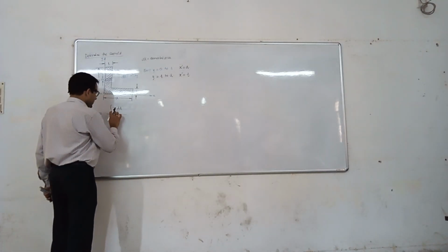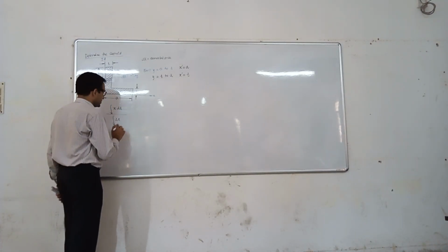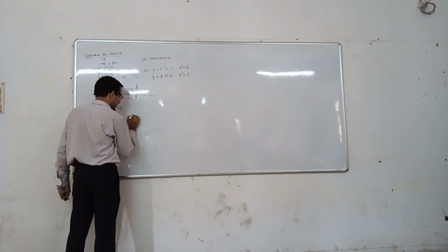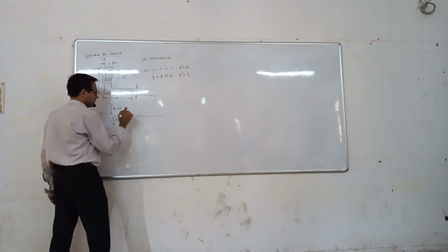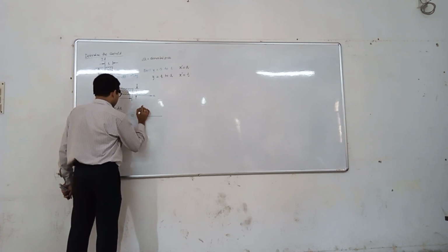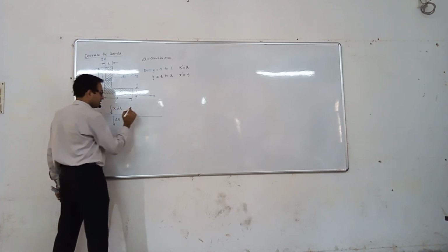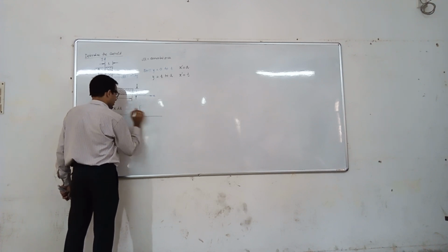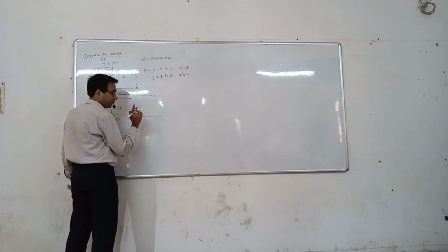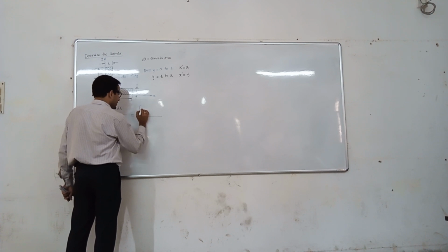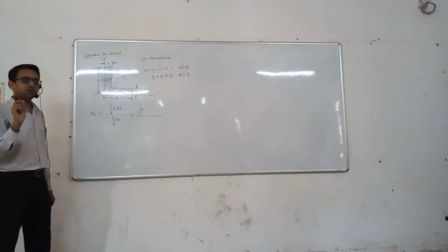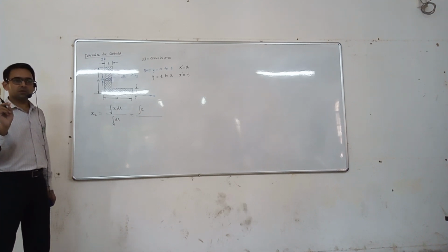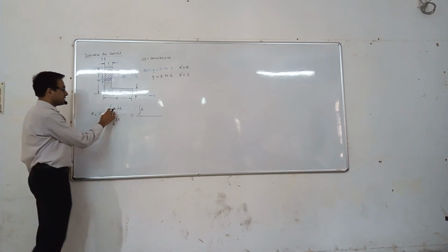So if I try to expand this, it will be clear immediately. This x is what?